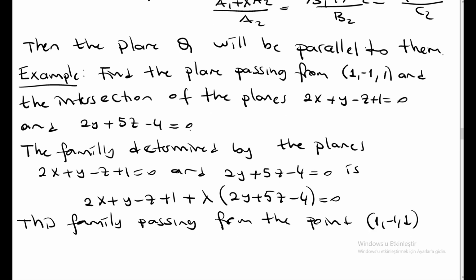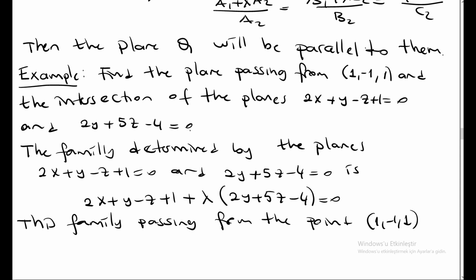So you have this one: 2 minus 1 minus 1 plus 1 plus lambda times (2 plus 5 minus 4) equals 0.